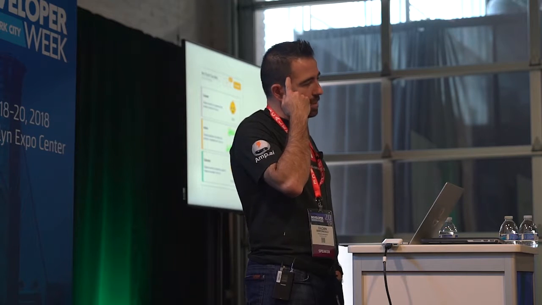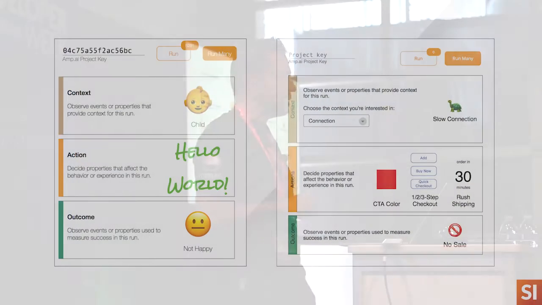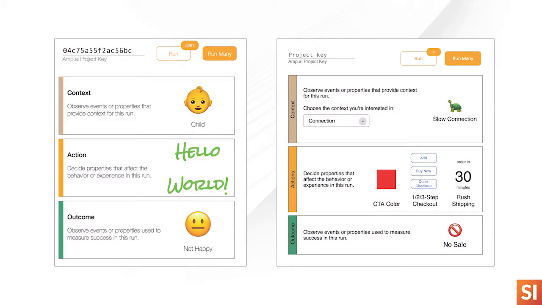Now, it's always a challenge to go from a hello world example to a real-world software application, as you all know, right? We have something sort of in between. We call this the Amped Store. In this case, the only difference is that the context, the action, and the outcome are specific to the e-commerce domain.